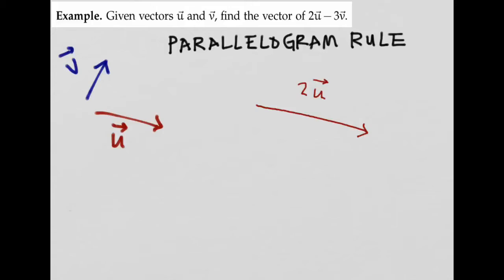So here is minus 3v. Let's complete the parallelogram spanned by 2u and minus 3v. And the resultant vector 2u minus 3v is the following diagonal.